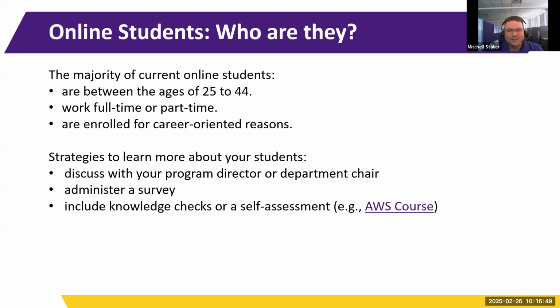So, to summarize, we should consider how today's online students differ from what we consider traditional students, the students who enroll once they've completed high school. Their needs and life experiences might differ in what they look for and what they value in a learning experience.